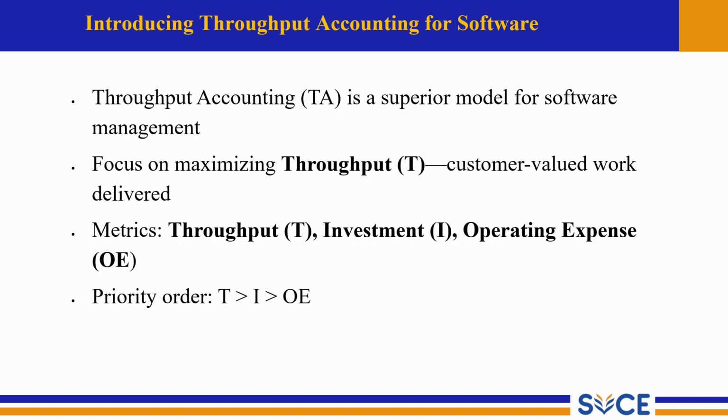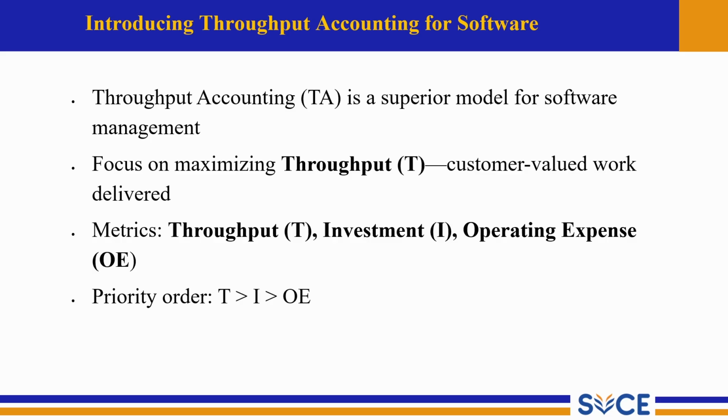Throughput accounting is a superior model for software management. This means success is measured by how much customer valued work is delivered, not just by cost. It focuses on maximizing the throughput of customer valued work delivered.